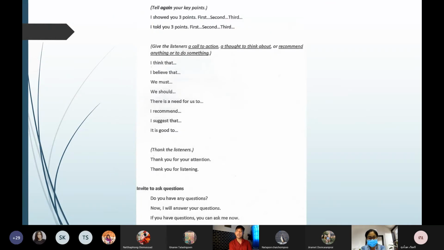So here I showed you this one. I told you 3 points. Then for the last sentence, you could use, I believe that we should, or for example, I recommend RMUTL Pitsanulok for incoming freshmen to come and join us, and study here at RMUTL Pitsanulok because it's clean, it's friendly, and it's like a family.